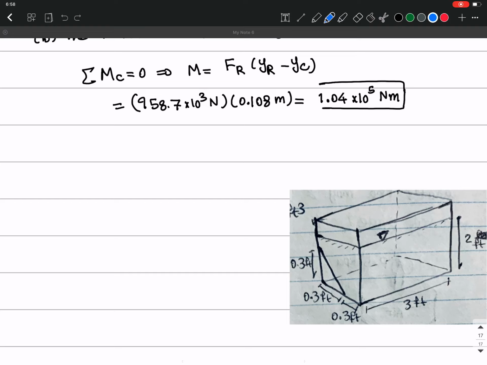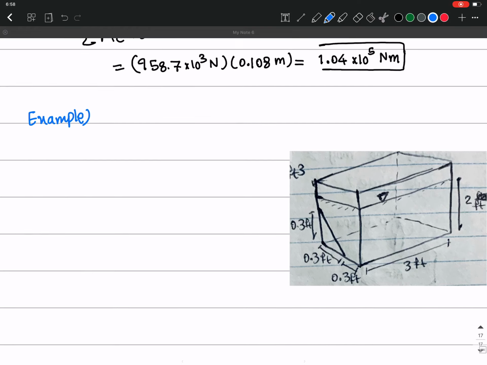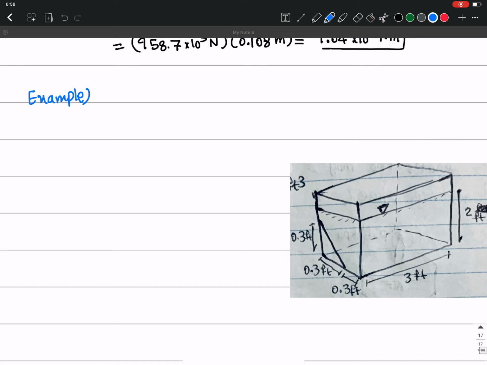Okay, so now let me solve another example for calculating the force on a vertical plane. So let me write it down here.